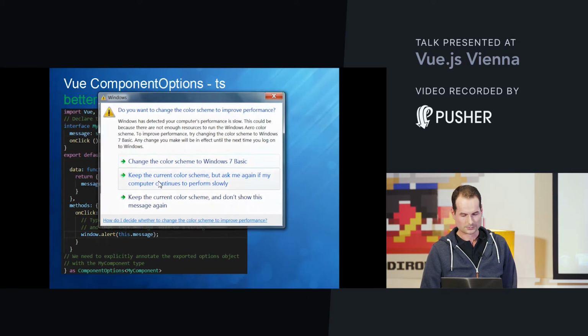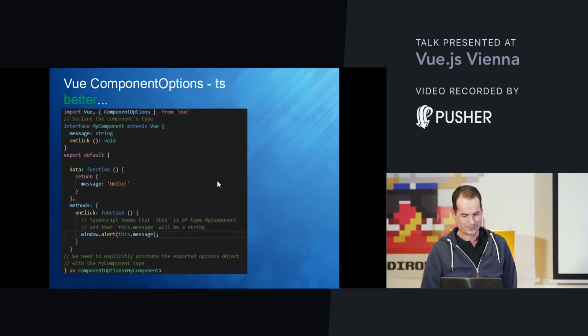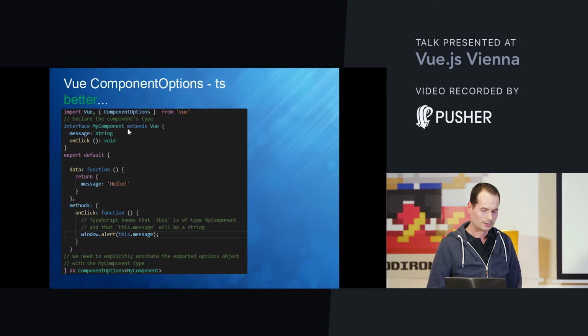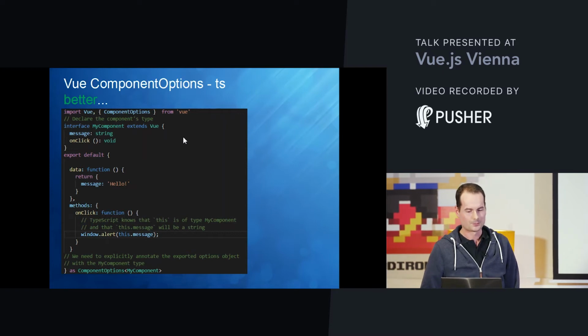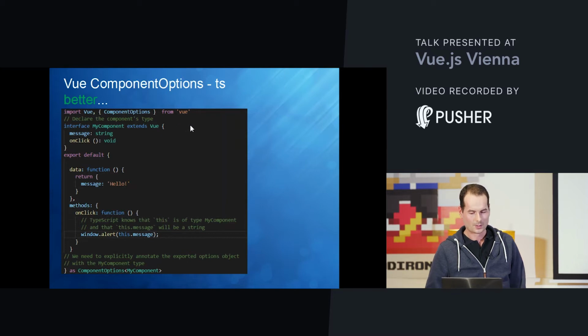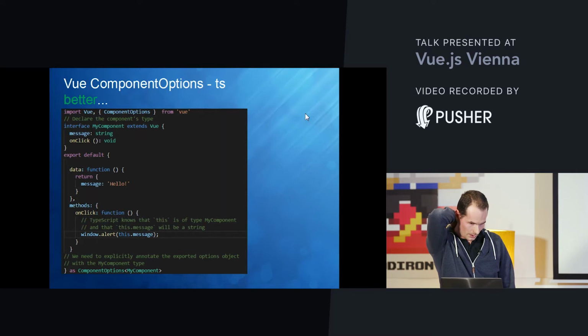You have a data function right here and methods right here. But what you're additionally doing is writing an interface to describe the data and the methods.